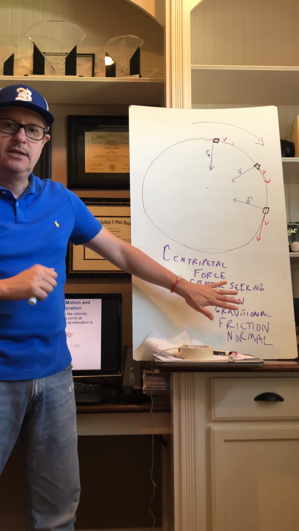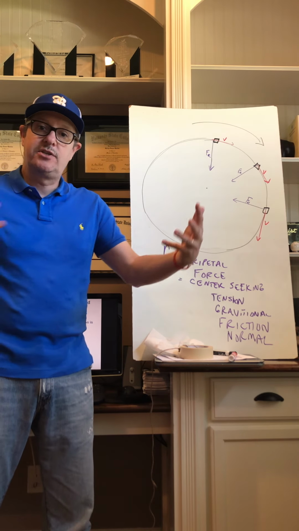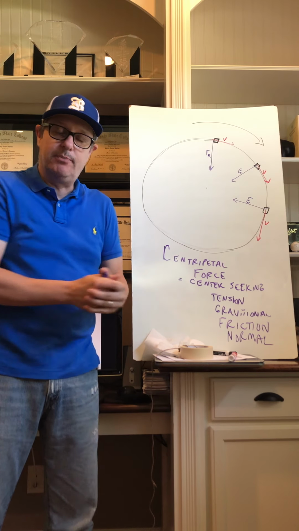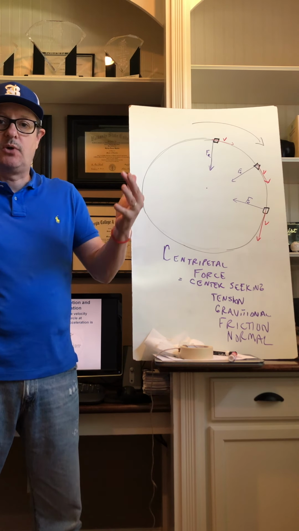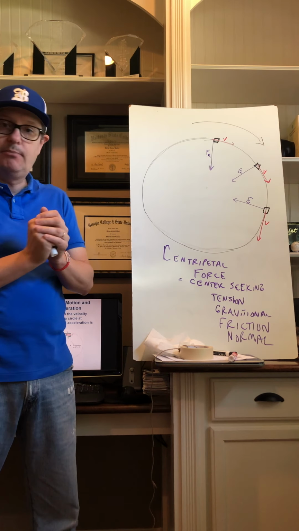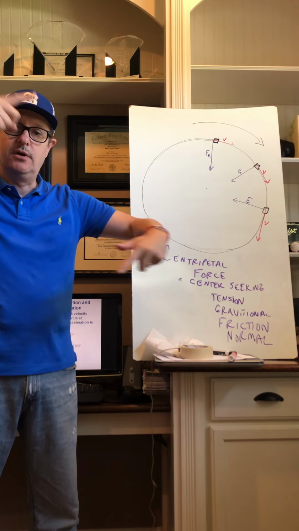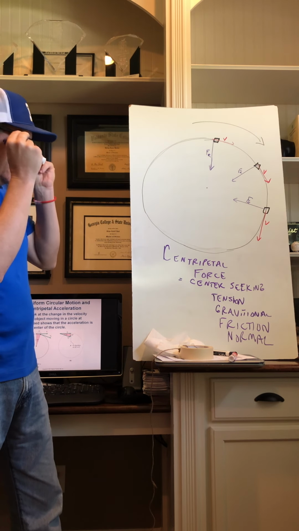Once again, gravity can provide the centripetal force. It's the most important force that provides centripetal force for our planets, for our solar system, and for our galaxy, for that matter. It's a pretty important force that keeps things moving in circular motion like that.